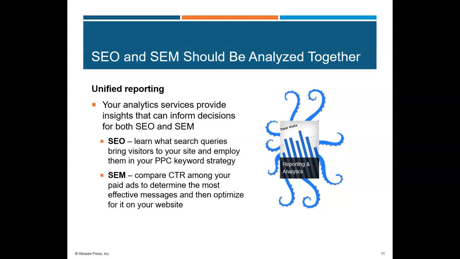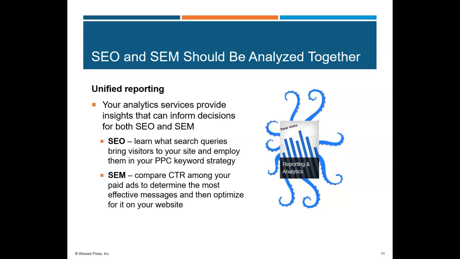But most small businesses go ahead and use Google Analytics because it's easy and accessible to most everybody, even if you're just a one-person business. That's the main analytics software out there. But there are others, and they do have different costs. So these services provide insights that can inform decisions for both SEO and SEM.